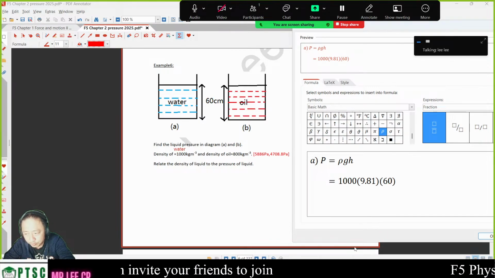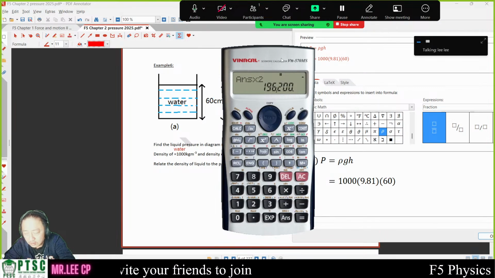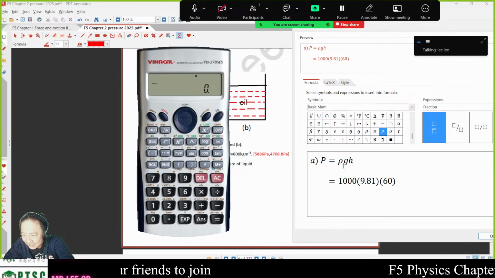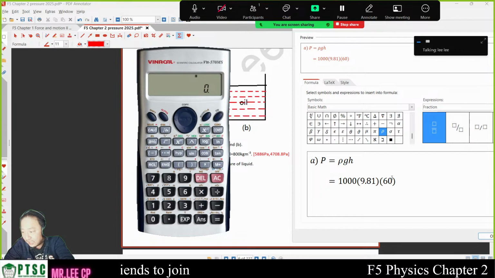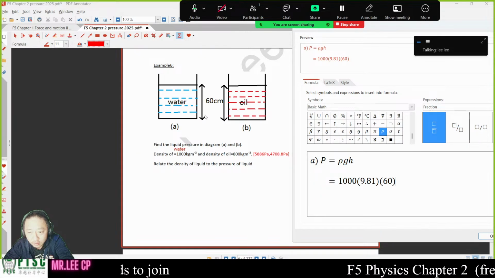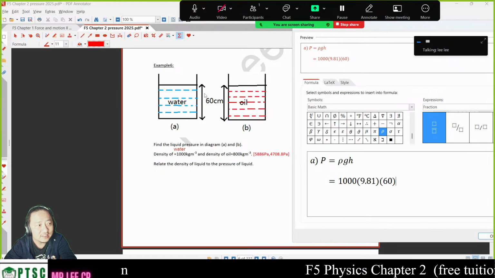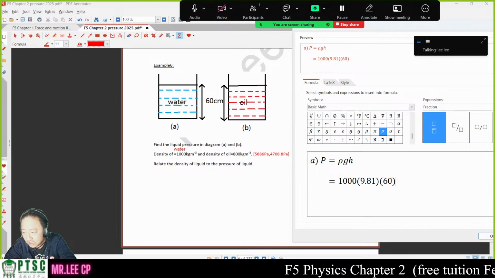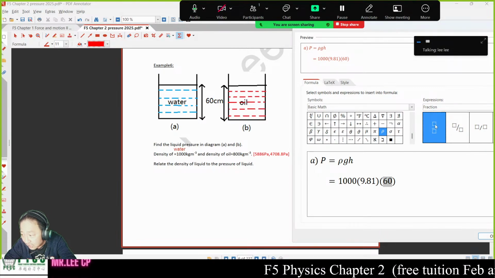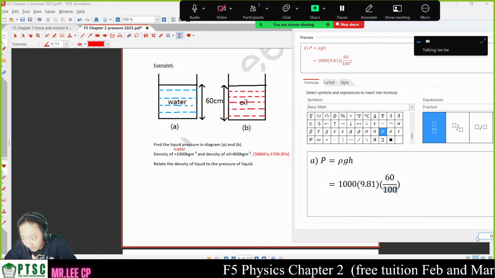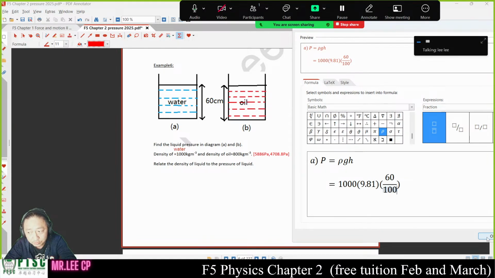You answer wrong. So what's wrong with this? When you calculate pressure in Pascal, this one cannot be in cm. Must use meter. So this one has to be divided by 100 to change it to meter.